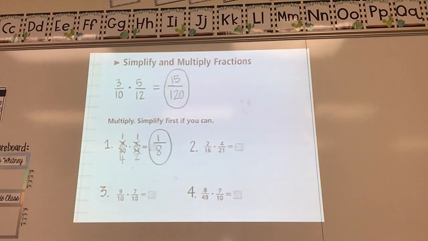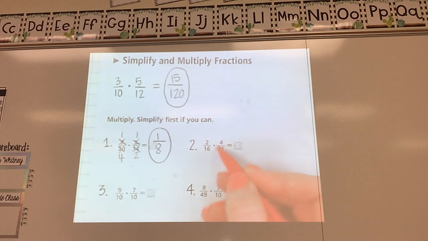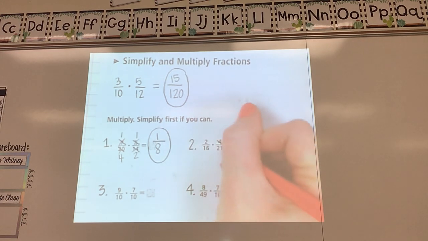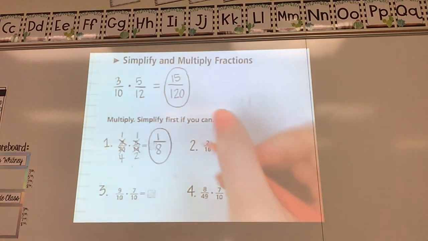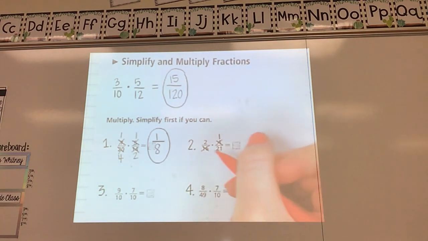Let's check the other way. So 4 and 16. Is there anything that can go into both 4 and 16? Yeah, 4 will. So what is 4 divided by 4? 1. So I crossed out my 4, made him a 1. And then what is 16 divided by 4? That's 4.